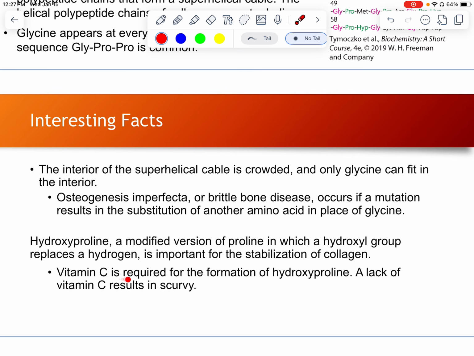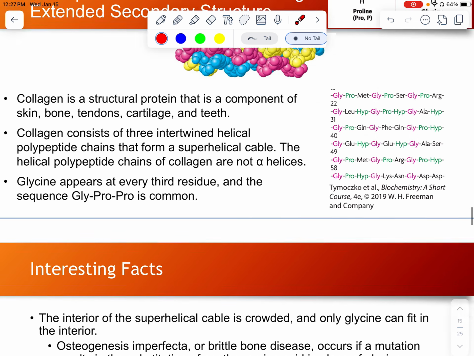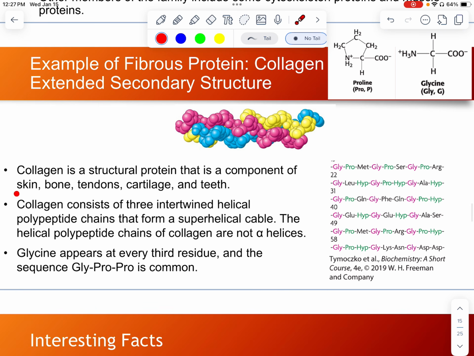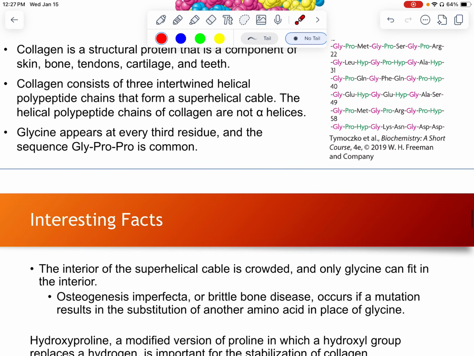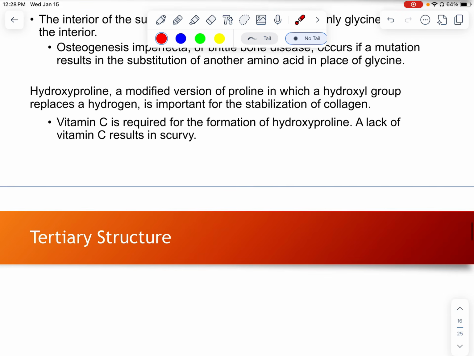Vitamin C is required for the formation of hydroxyproline. So lack of vitamin C means we can't form hydroxyproline and we get scurvy. So if you come back up here, collagen: skin, teeth, bones, cartilage. So it's really important. And hence we see issues with bones and with many of those when our primary sequence is disrupted in some way that then disrupts the secondary structure.